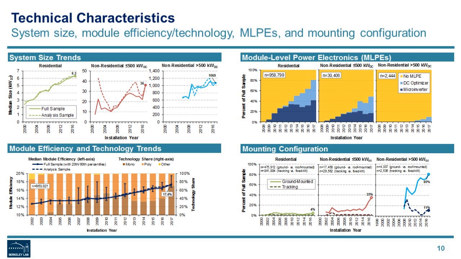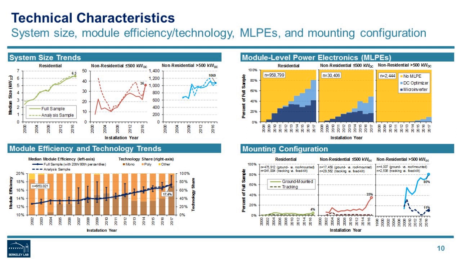And that partly just reflects the fact that some of the benefits of module-level power electronics in terms of optimizing PV performance, where you've got multiple roof orientations or partial shading, tend to be more applicable for residential or small commercial systems than for larger non-residential systems, where you're often dealing with a single large flat rooftop and minimal shading.